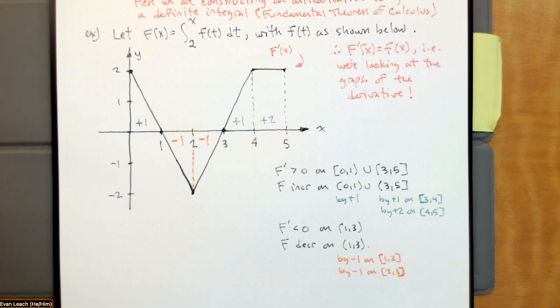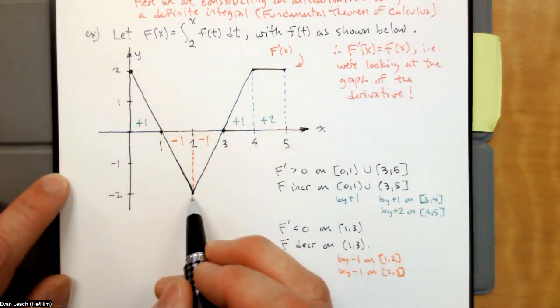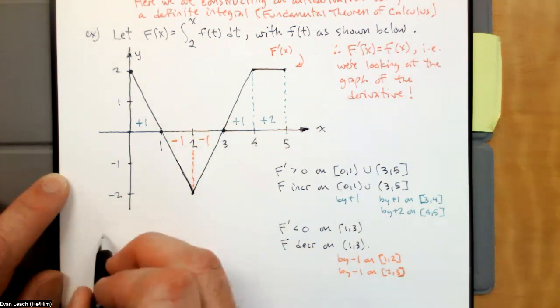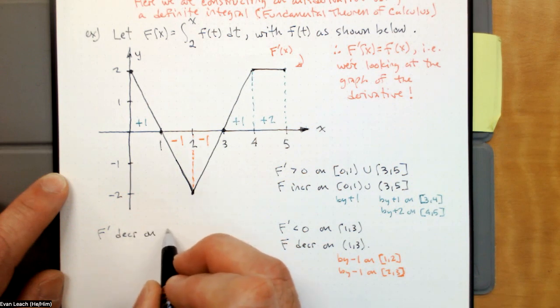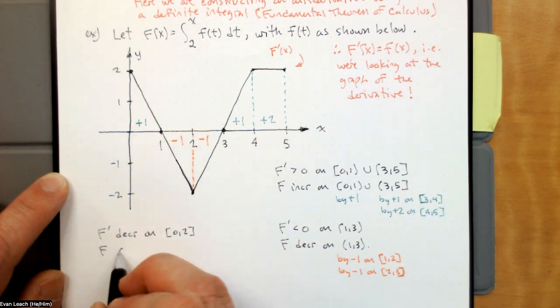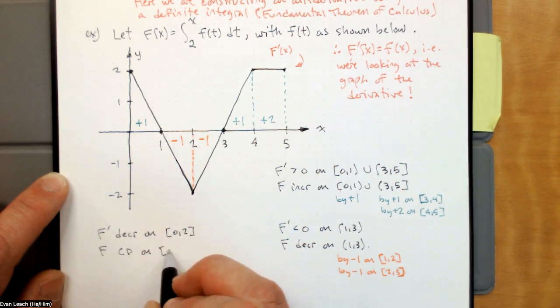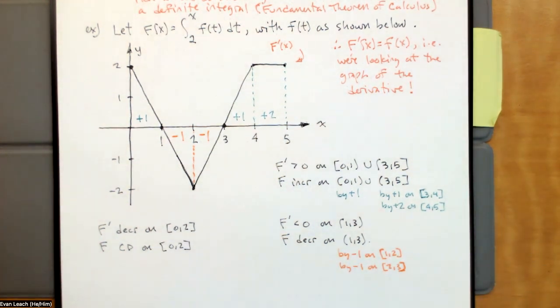But we know more than this because we're looking at the derivative and we can see what direction the derivative is going. So we can see that f prime is decreasing on the interval from 0 to 2. So our function is going to be concave down on the interval from 0 to 2. So now we can see not just the function going down, but we can see the function concave down and decreasing.